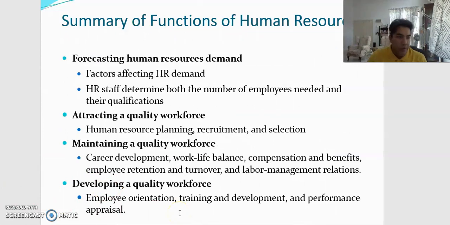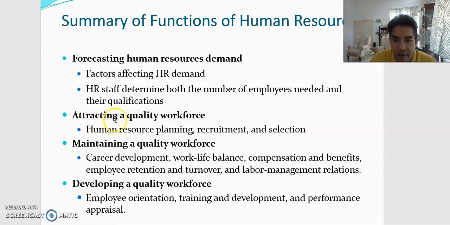All right, we go into the first element. We talk about the components. So these are all the elements, a summary of the functions of human resource management, and factors forecasting human resource demand and supply, factors affecting HR demand, and then we need to know the number of employees needed.